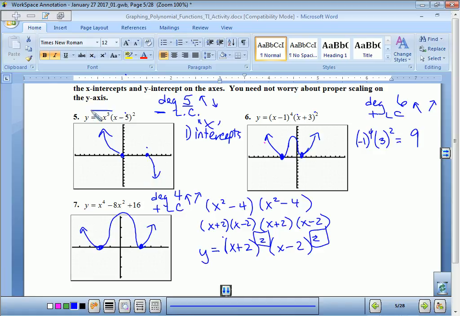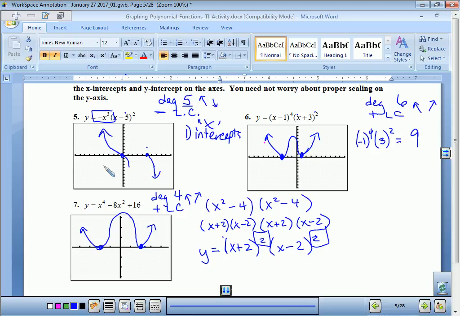Now, this one, at the 0, it's raised to the 3rd power. Okay, that actually means it has multiplicity at that root. And that odd multiplicity causes an inflection. So it doesn't just pass through, it passes through where the concavity of the graph changes.